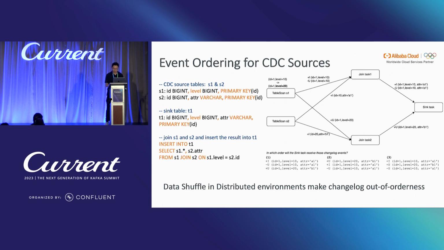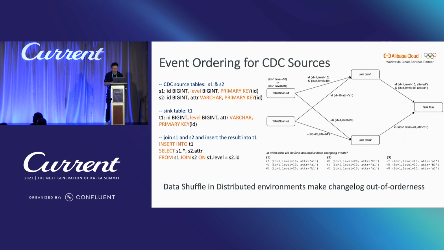So assume the changelog of the record, you can see the figure. The record with ID equal to ID1 in source table S1 at time T0 will output ID1 and level 10.